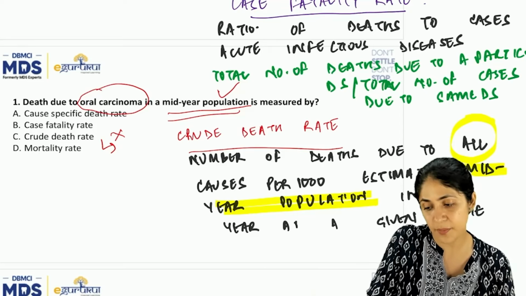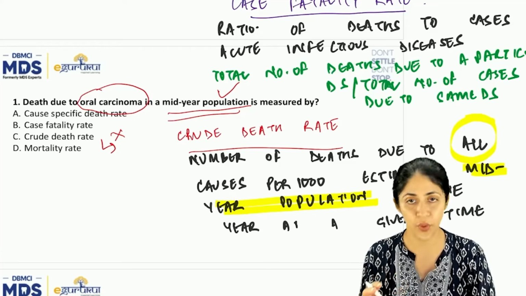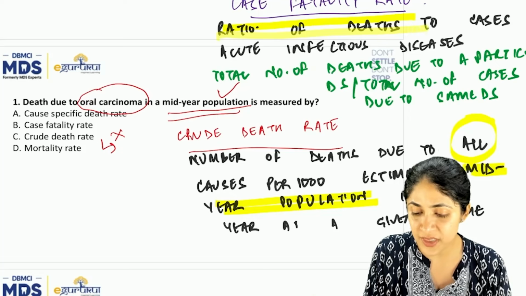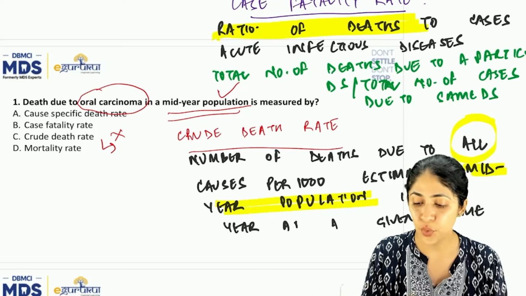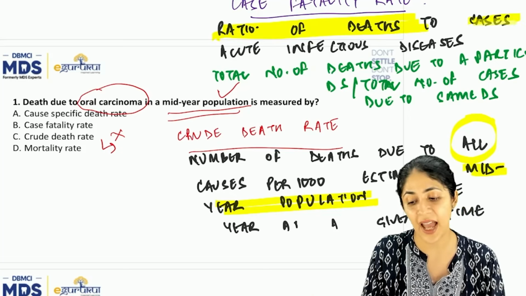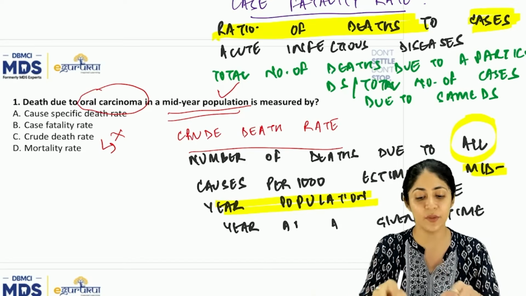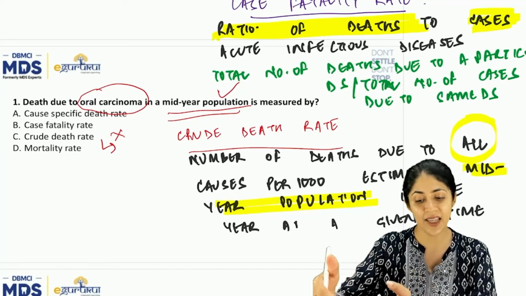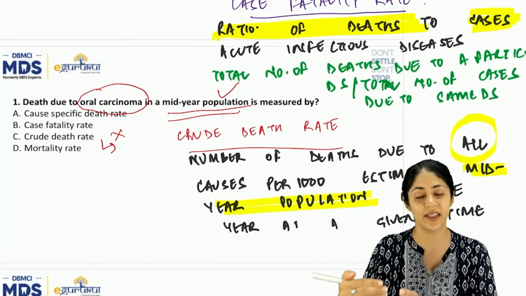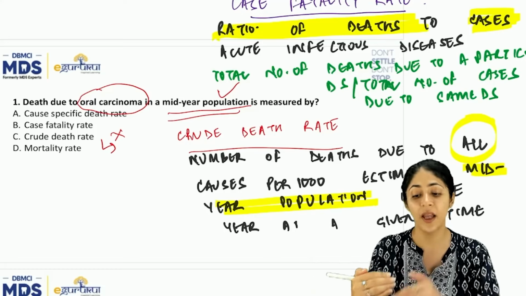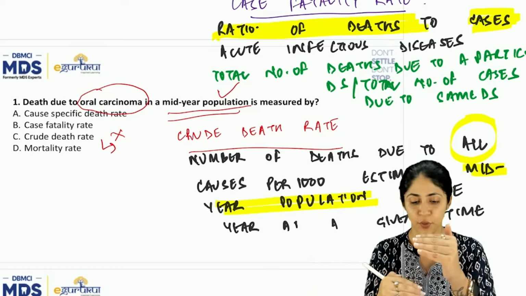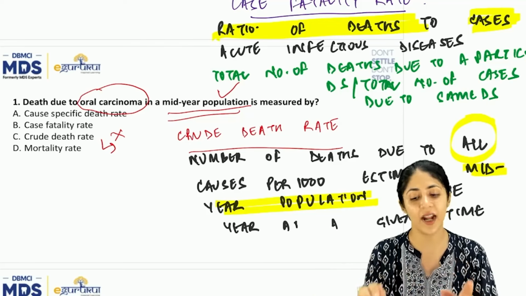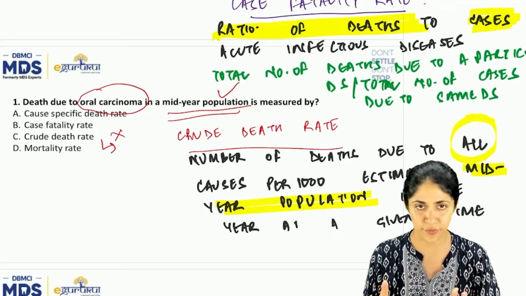So here we don't have a mid-year population in the denominator; what we are calculating is the ratio of deaths to the cases. Suppose, for example, for oral carcinoma, the ratio of deaths to the number of cases. Especially for chronic diseases it is not useful, and it can't be case fatality because the denominator is different, all right.